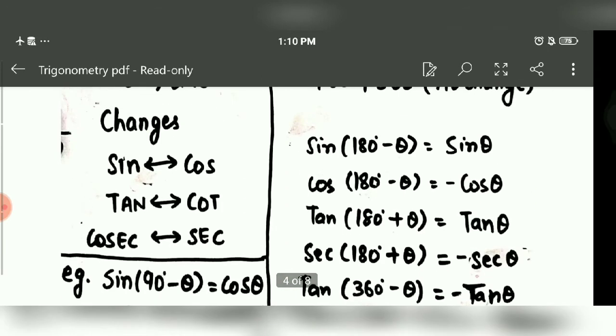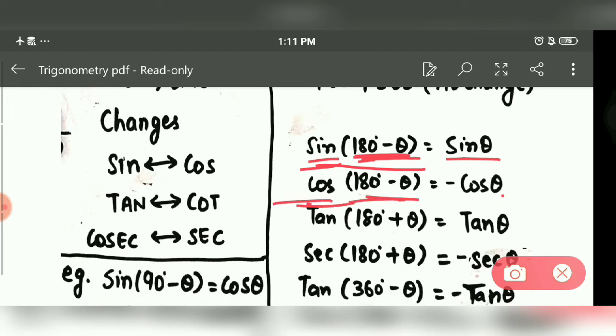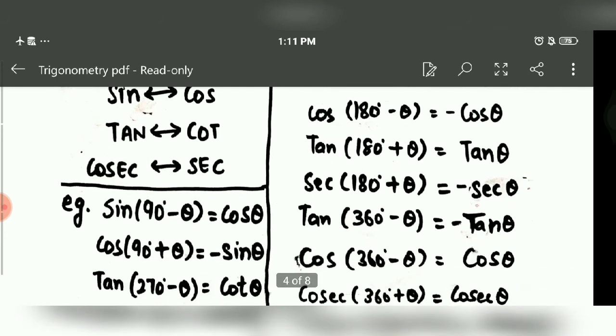On this side, sine of 180 plus theta: with 180 there is no change, so sine theta. Sine of 180 minus theta is in the second quadrant, so the answer is positive. Cos of 180 minus theta: cos is going to be cos, but in the second quadrant cos is negative, so the answer is negative. Similarly, tan of 180 plus theta is tan theta, and in the third quadrant tan is positive. Secant of 180 plus theta: secant in the third quadrant is negative, so the answer is negative.